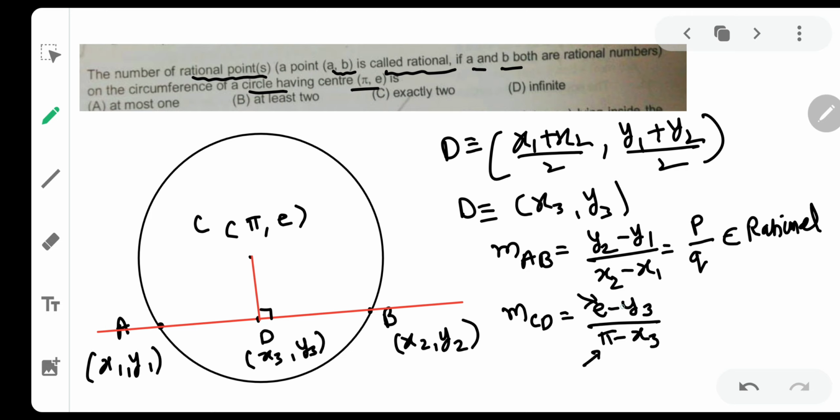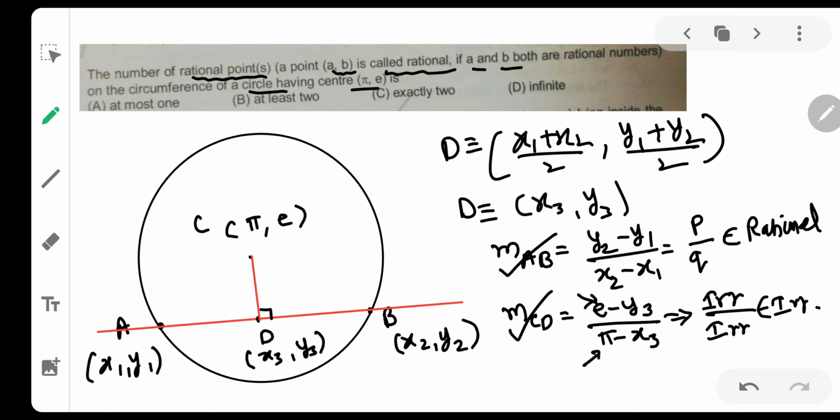So irrational minus rational will always result in an irrational number. And pi minus x3, again irrational minus rational, will give you an irrational number. So basically irrational upon irrational will be irrational. So what we have is the slope of CD is irrational and the slope of AB is rational.